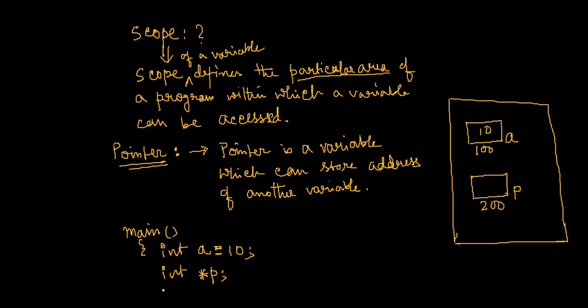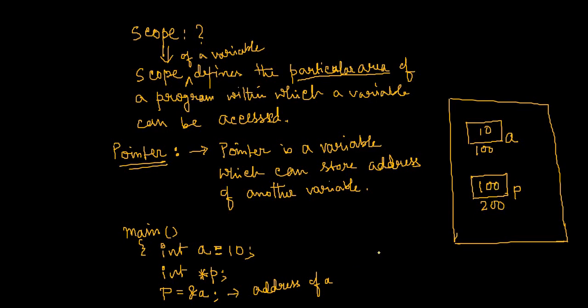And how can I do this? I can write P equal to an address operator, that is what we call ampersand A. So this ampersand actually means address. So ampersand A means address of A. As simple as that. Due to execution of this particular line, the address of A will get stored over here.